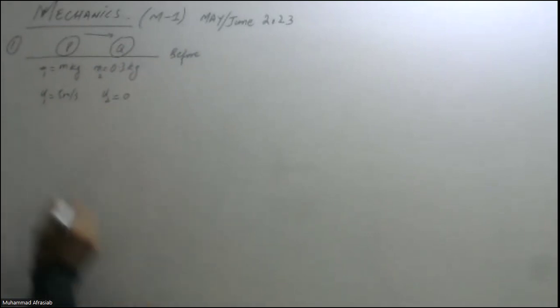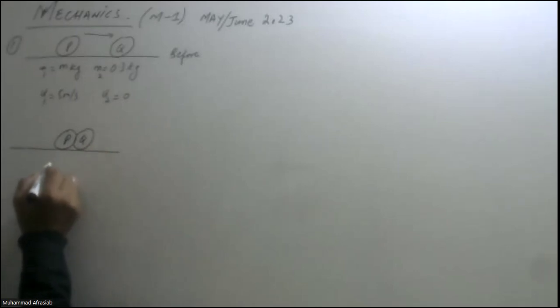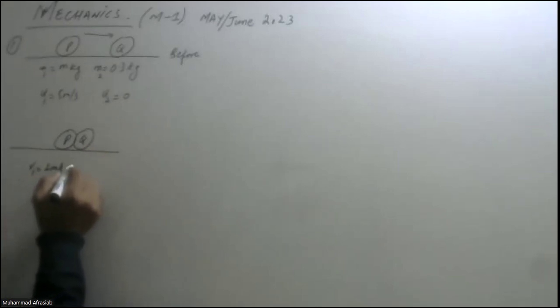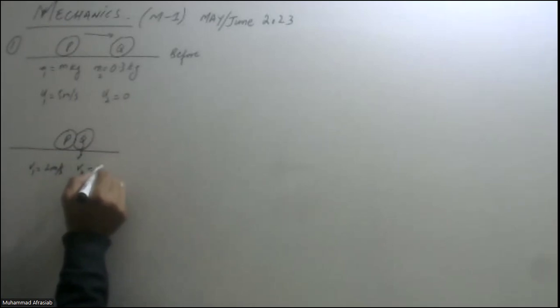After this collision, P is moving with the speed of 2 meters per second, and the speed of the Q particle is supposed to be v, and that is going to be calculated.